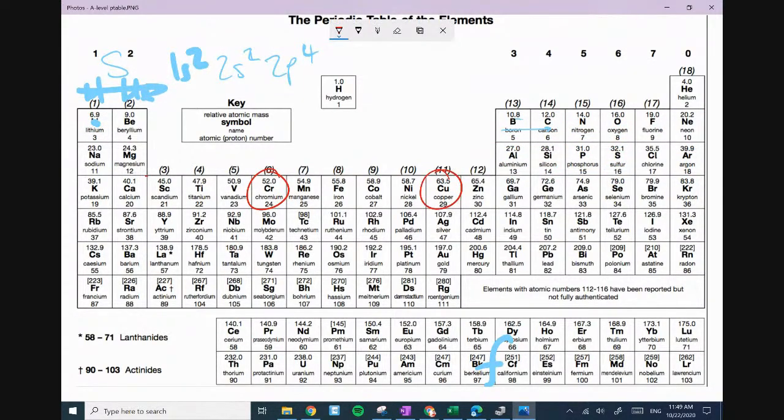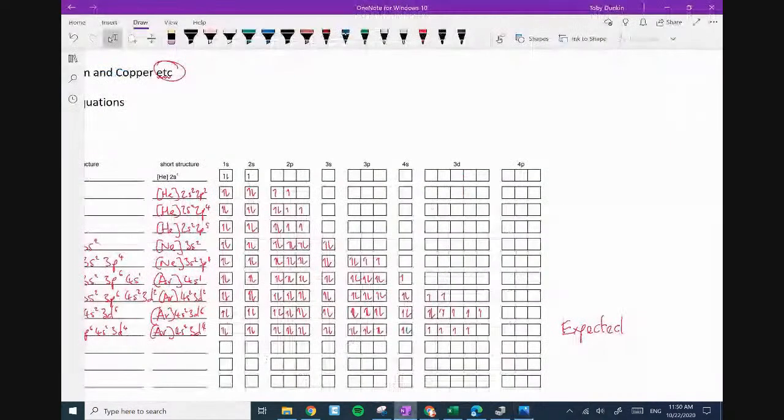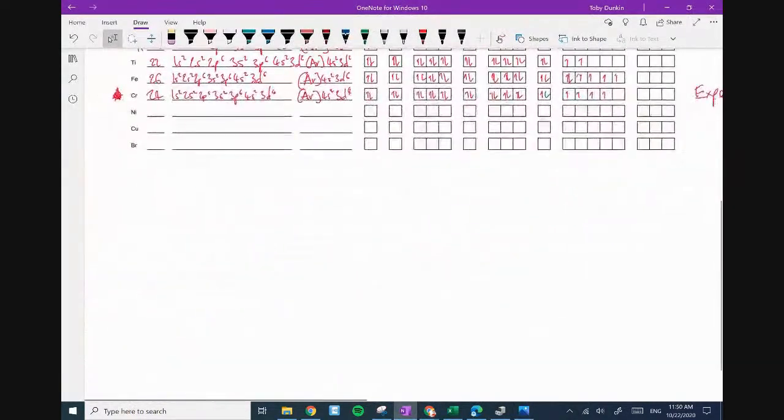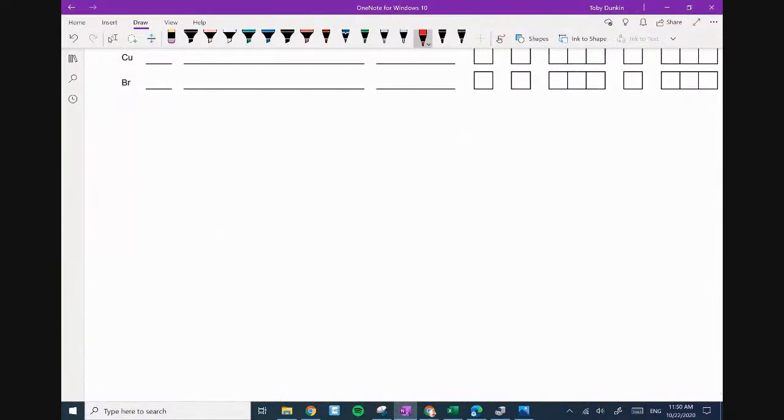But in reality, it's actually everyone in these groups. These guys are all strange. They all do something odd. And I'll make that note in our exercise books. So the first note for today. So let's do chromium first. Chromium.